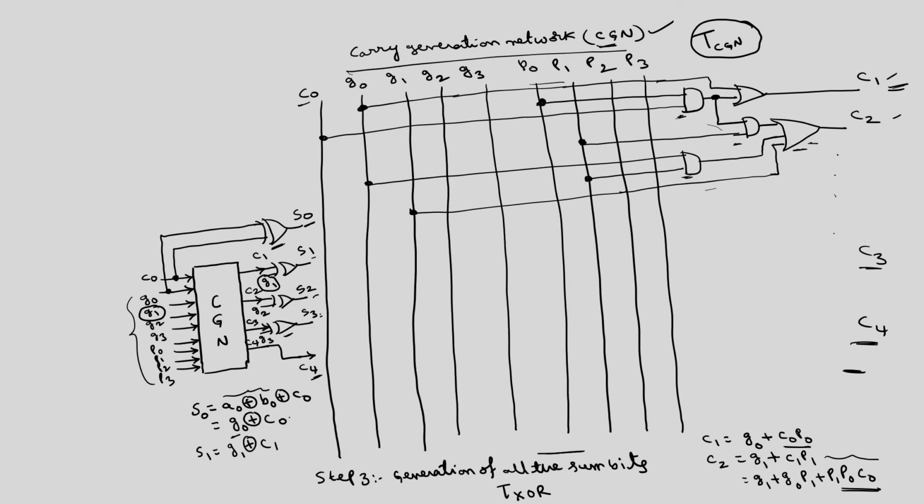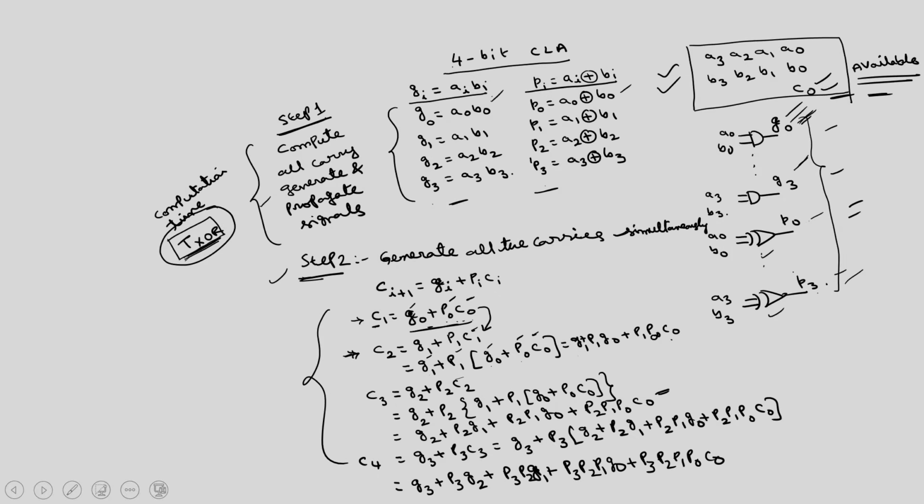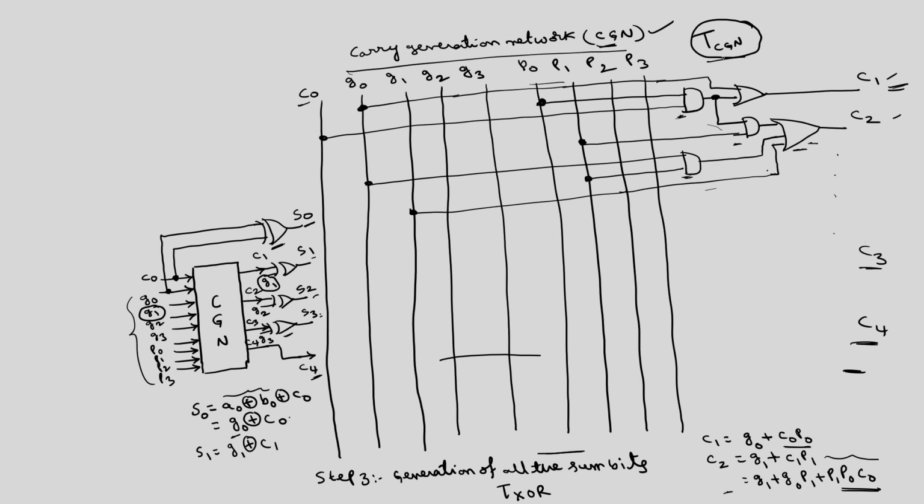Second step will take T CGN. This CGN depends upon this Boolean expression that we have derived. To implement this Boolean expression, what is the maximum time taken? That will be T CGN, and to generate the last step, third step is T XOR.